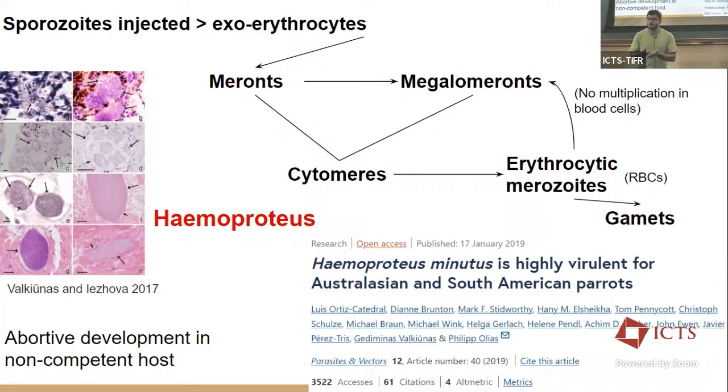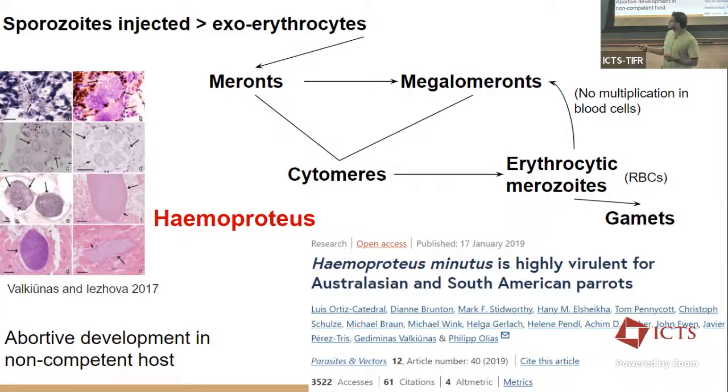Skeletal muscles are very common, and even heart muscles, and a lot of times the brain also. That's where they multiply, and then they again get into the erythrocytic merogony. Those merons will come, infect RBCs, and then get into their gametocytic phase.